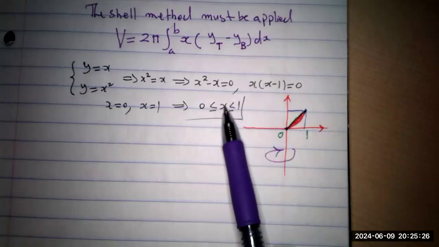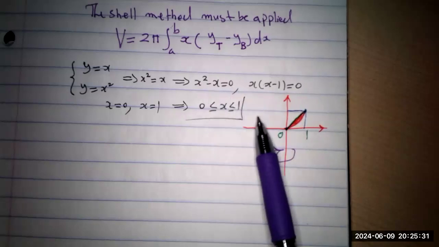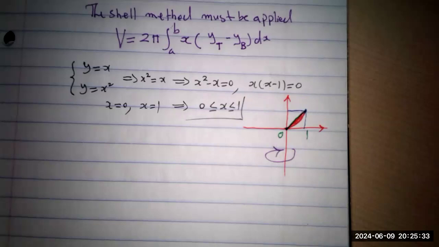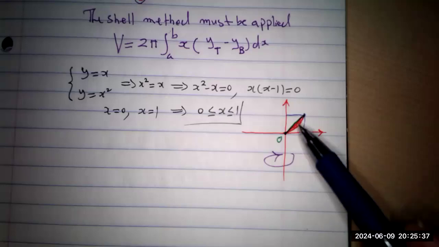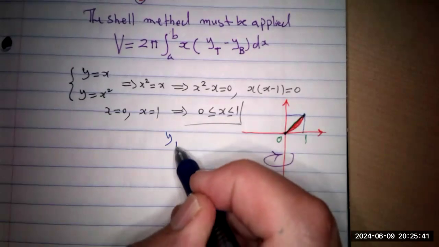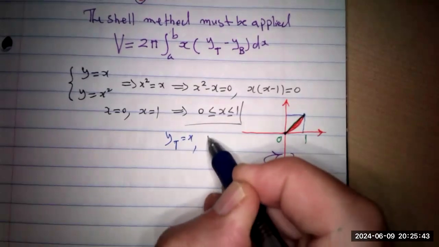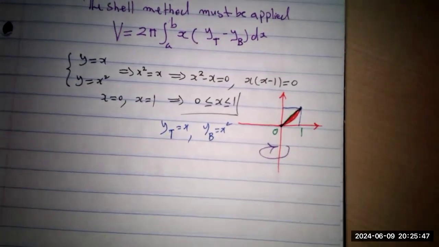Sometimes you get more numbers; over here 0 and 1 are here, so you don't have to worry about it. Okay, there you are. Now, as you can see, the line is on the top. So y of the top is x, y of the bottom is x squared. Even if you miss it, it's not a big deal.